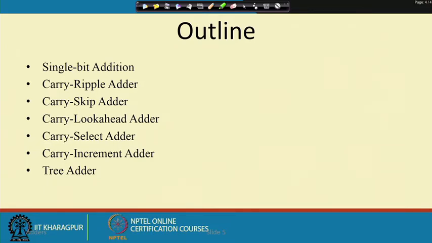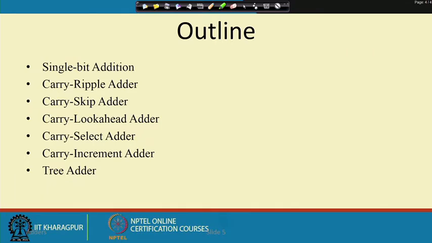Then carry ripple adder. Carry ripple adder is used whenever we are considering n number of bits, that means multi bits. At that time we have to follow the ripple carry adder.